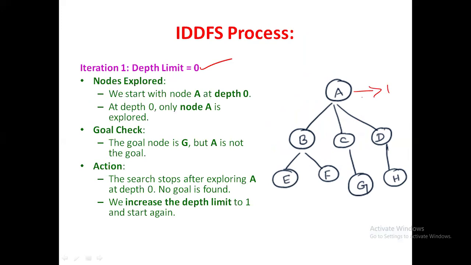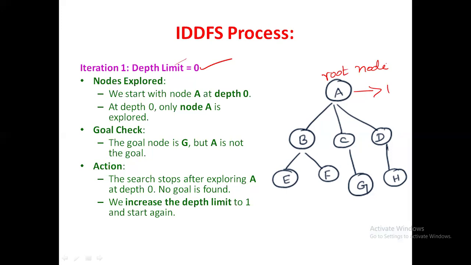In the first iteration, the depth limit is set to 0, meaning the search will only explore the root node. The root node is A. At this level, the only node that can be explored is A itself.